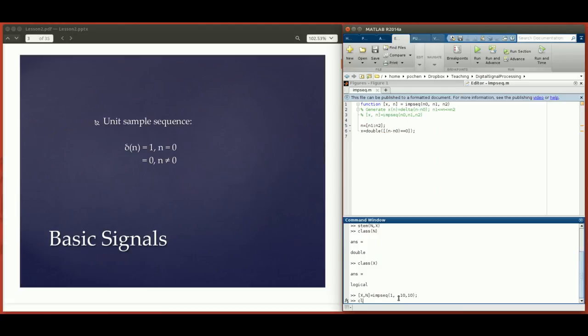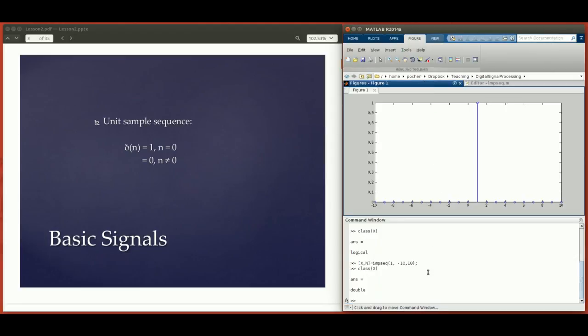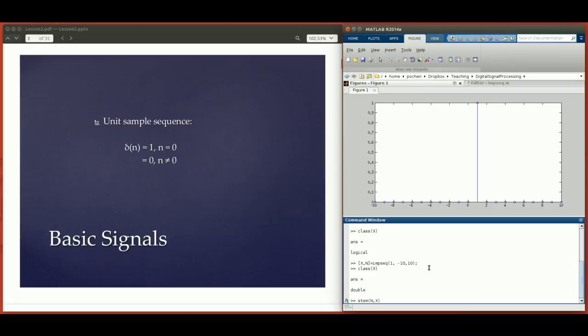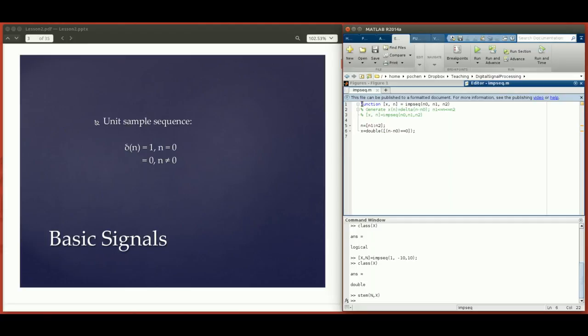So now let's check. The class of x has changed to double. And if you make another stem plot, they are going to look exactly the same. It doesn't change the look of this particular function. So now we have a function that allows us to specify an impulse sequence, a unit sample sequence.